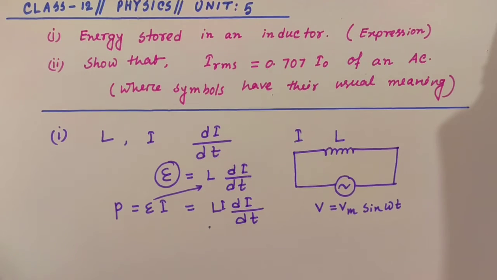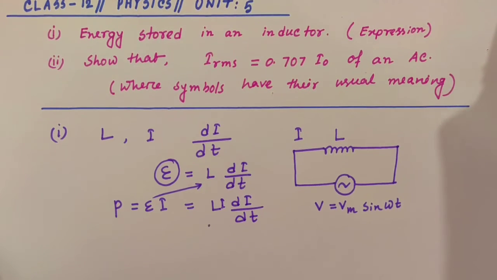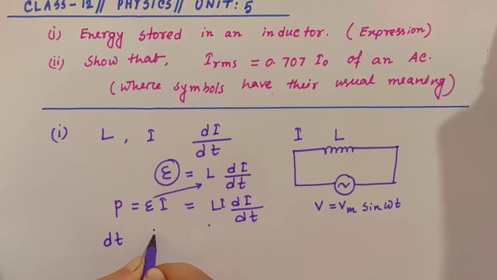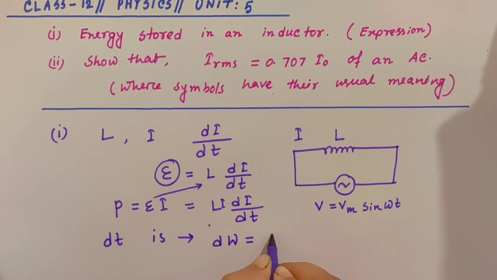Now, the energy supplied to the inductor in time dt is dW equal to P dt.